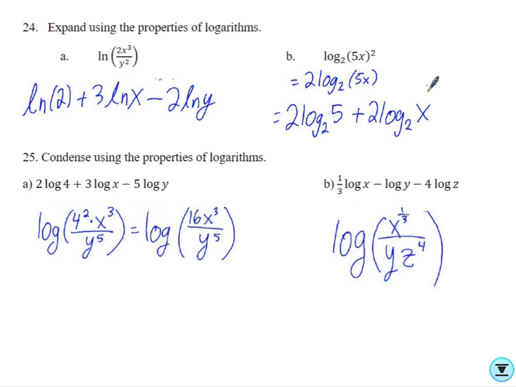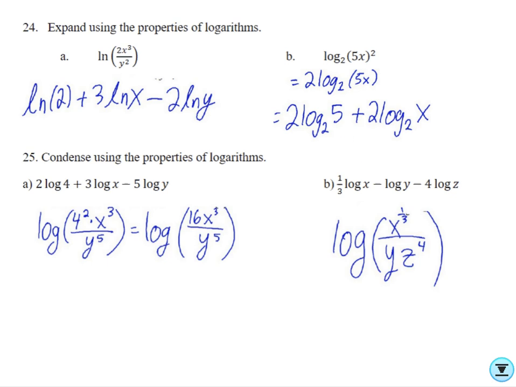For letter B, what you want to do here is you want to take this 2 and move it to the front for expanding. So that's how I got 2 log base 2 of 5x. And then that 5 times x, that should be expanded as well. So we get 2 log base 2 of 5 plus, because 5 and x are multiplied, 2 log base 2 of x.